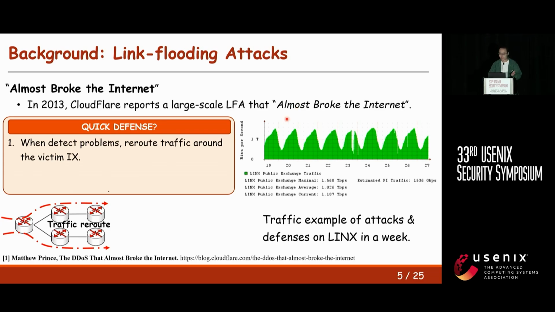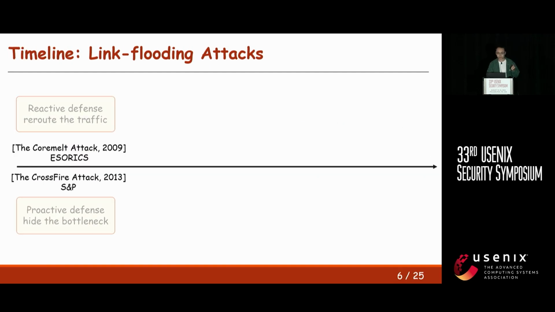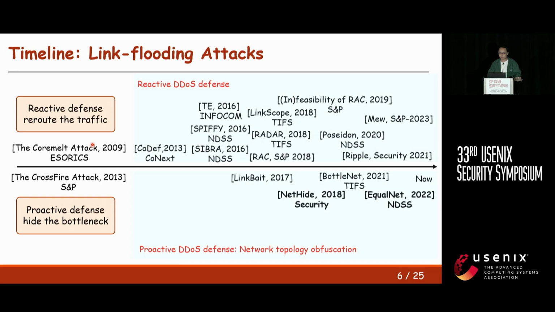As a further measure, Cloudflare decided that the critical nodes should not be publicly announced as routable on the internet. Actually, what's interesting is that those quick defenses from Cloudflare have since evolved into 2 distinct academic research areas, with many papers exploring these defense strategies. Here's a timeline of link flooding attacks.